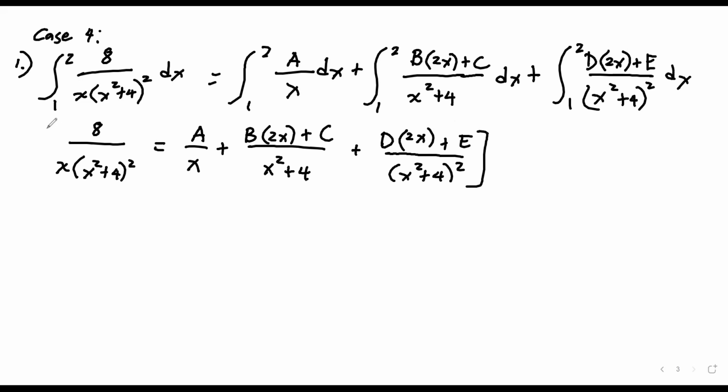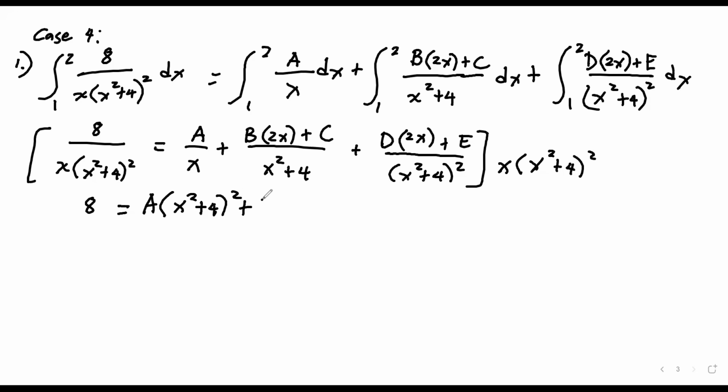Then multiply both sides by the LCD, which is x times the square of x squared plus 4. So divide your LCD by each denominator times the numerator. So we'll have 8 equals a. Cancel x, so we will have the square of x squared plus 4, plus b times 2x plus c.